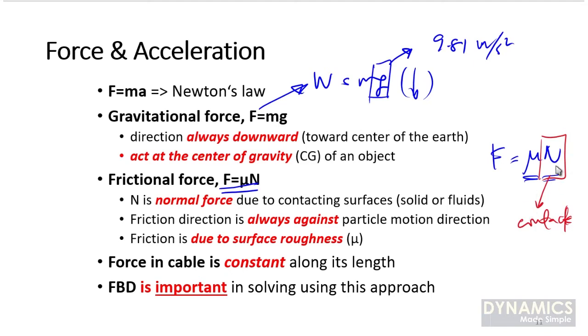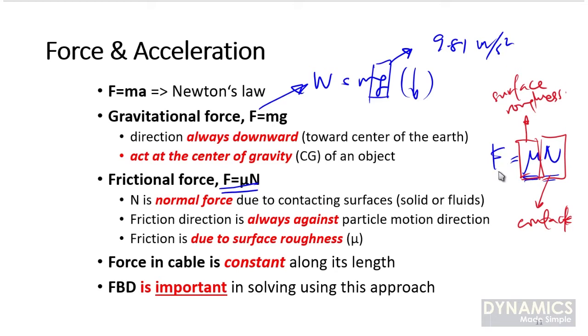If the surfaces are not in contact, we will not have any normal force. Okay, and if there is no normal force, there will be no frictional force as well. Okay, and this mu will be our coefficient of friction, and it will depend on surface roughness. Okay, if our surface is rough, we will have mu. If it is smooth, we will not have mu. Right? So frictional force will depend on these two.